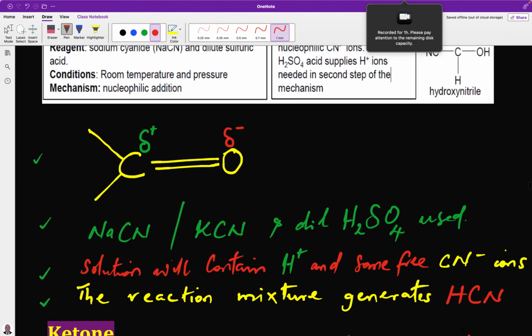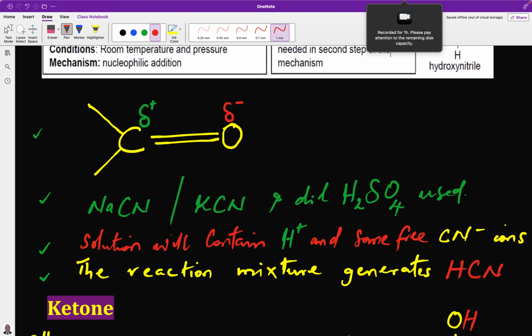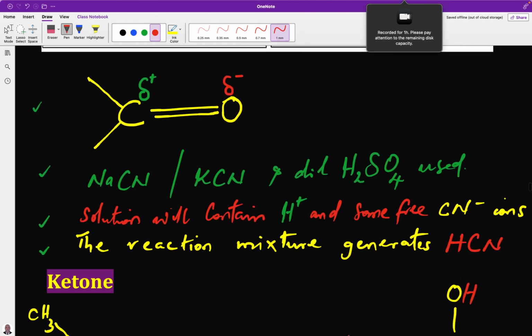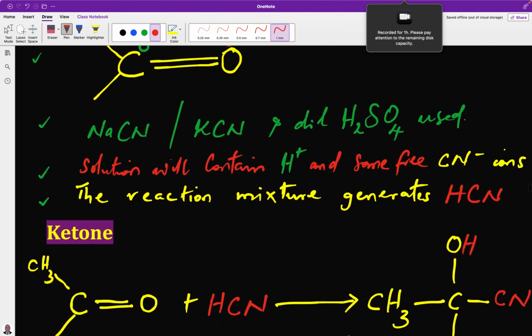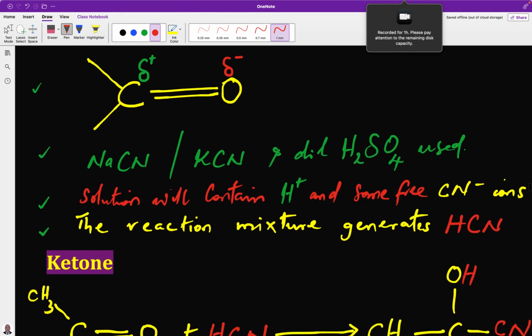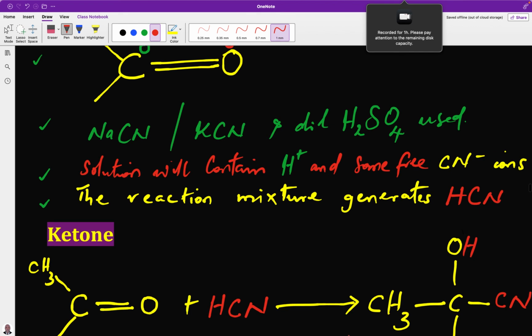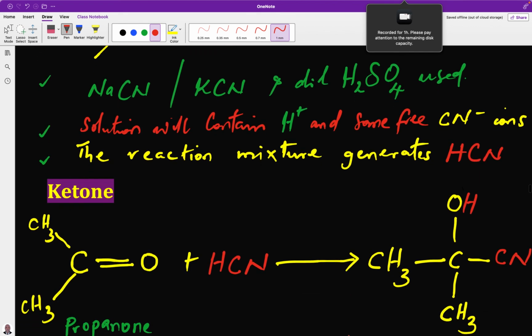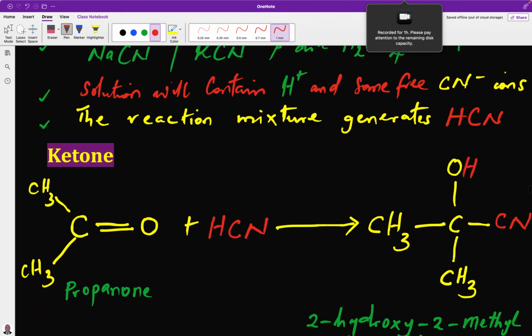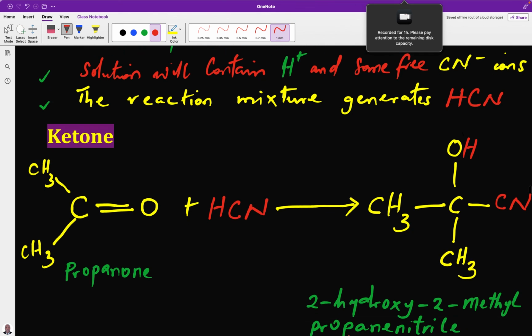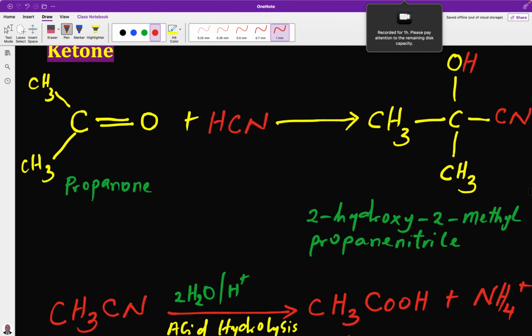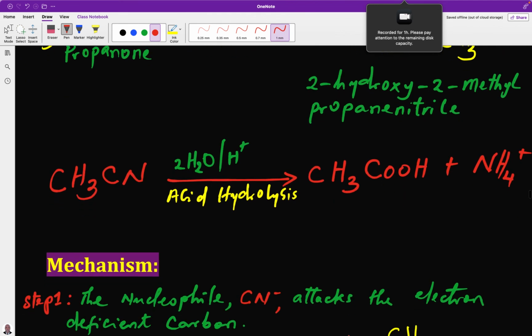An important thing we mentioned is that the reaction mixture will generate hydrogen cyanide. And because of the polar nature of the carbonyl compound, it can undergo nucleophilic addition reaction with the ketones and aldehydes. And these are the things we have gone through.